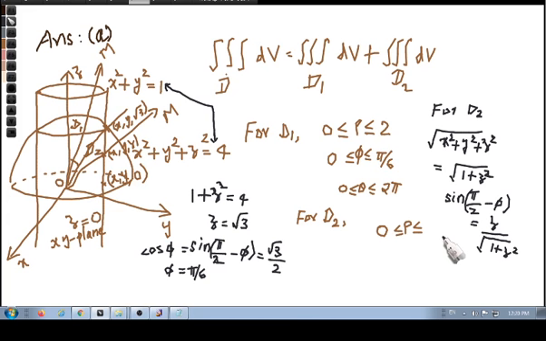But then, so we are taking sine. Okay, why don't we take tan? Better take tan instead of sine.